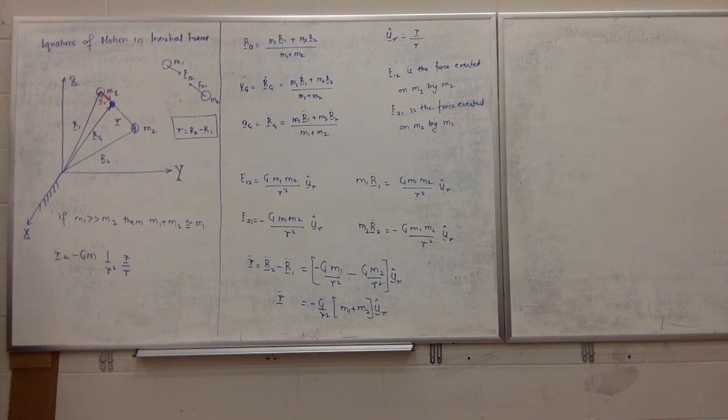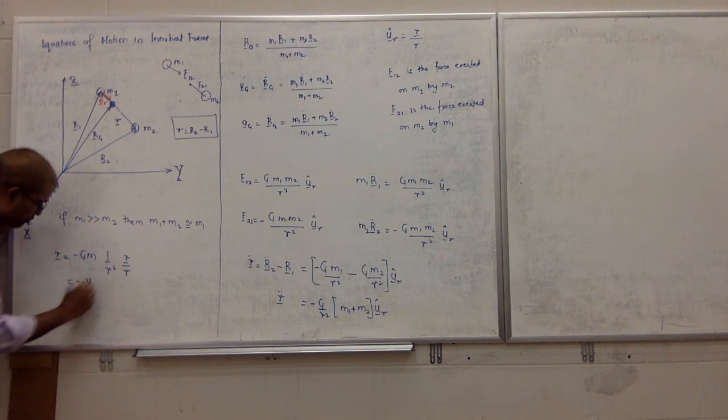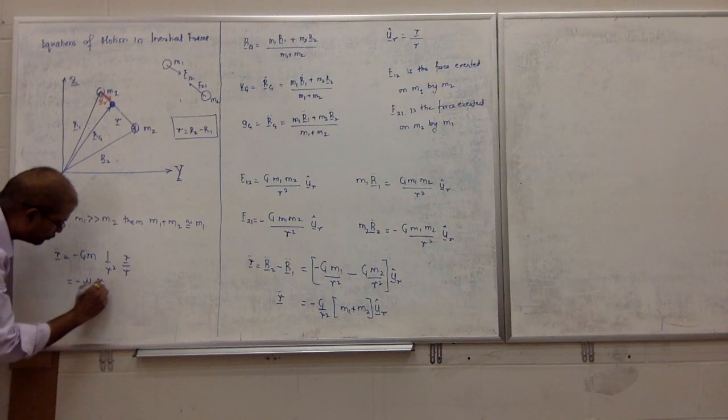You got it? Makes sense? Here, what is GM? We represent that by mu. And this would be R divided by R cube.